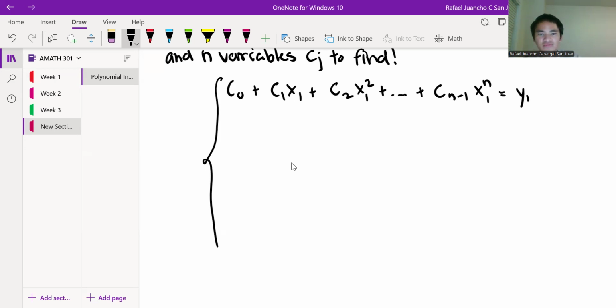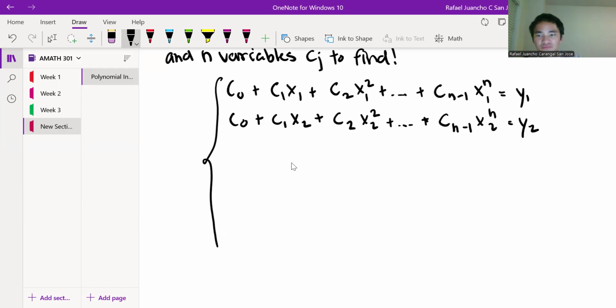We do it again. C naught, C1 x2, C2 x2 squared, and then this goes all the way to C sub n minus 1, x2 to the n minus 1, and y2.